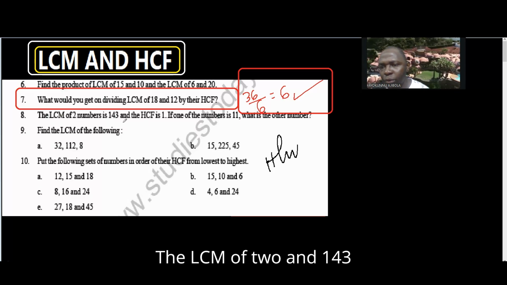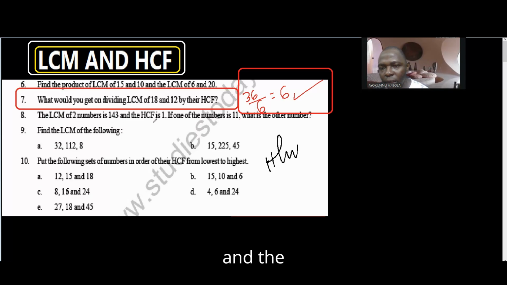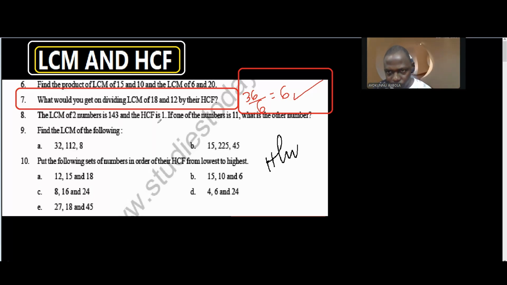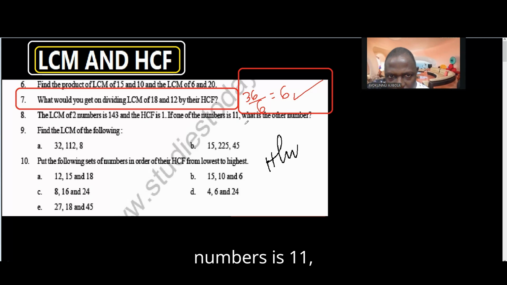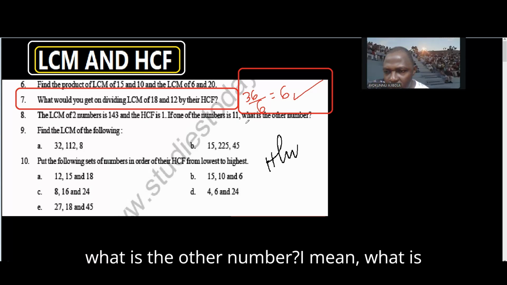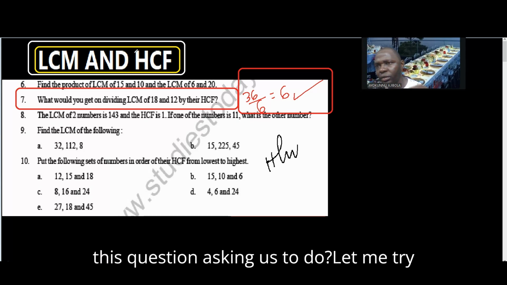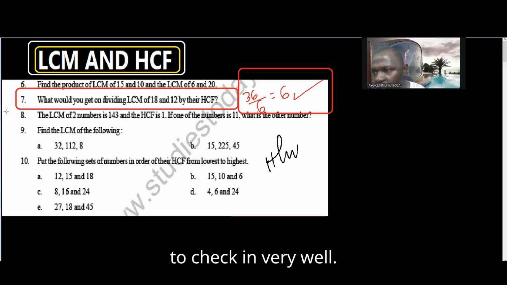The LCM of two numbers is 143 and the HCF is 1. If one of the numbers is 11, what is the other number? What is this question asking us to do? Let me try to check it very well.